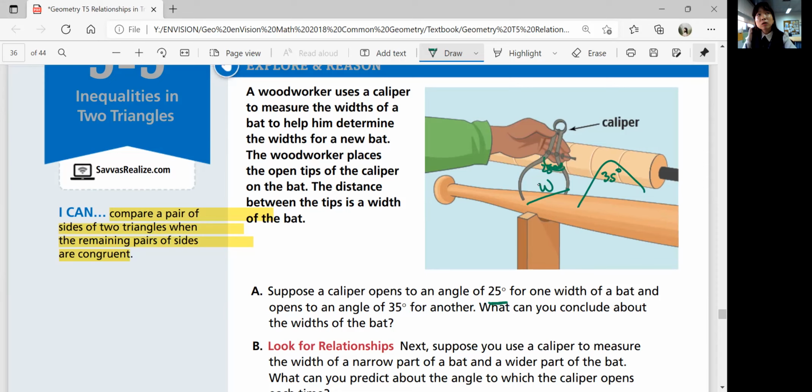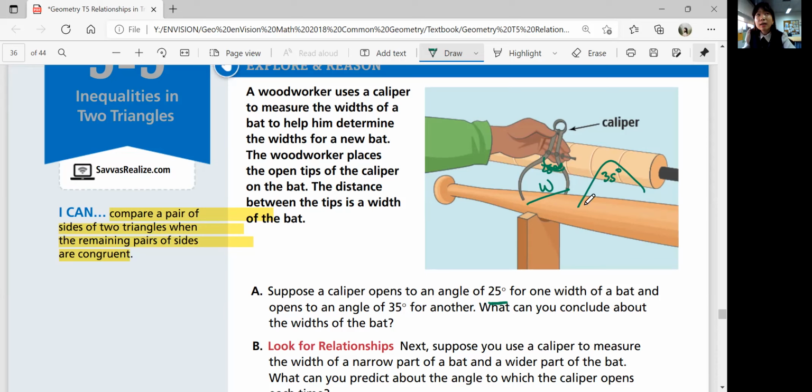Because the angle is opposite to the distance between the tips, we can use theorems 5-10 and 11 and say, oh, 35 is greater than 25.